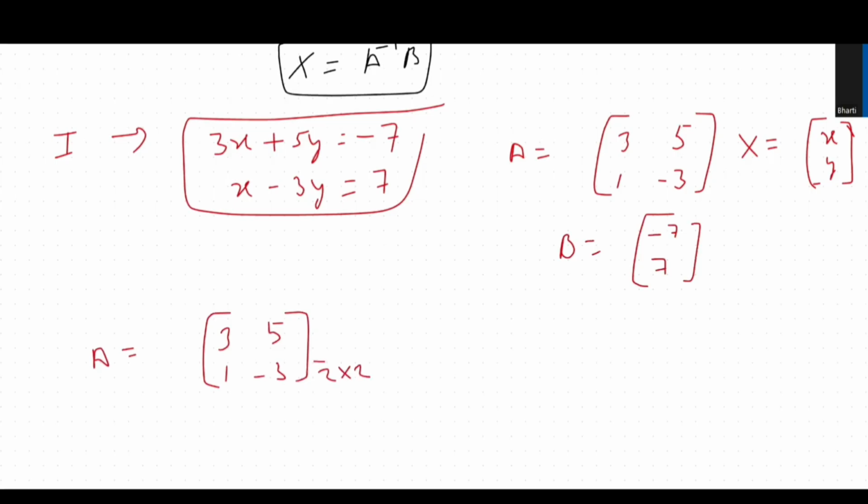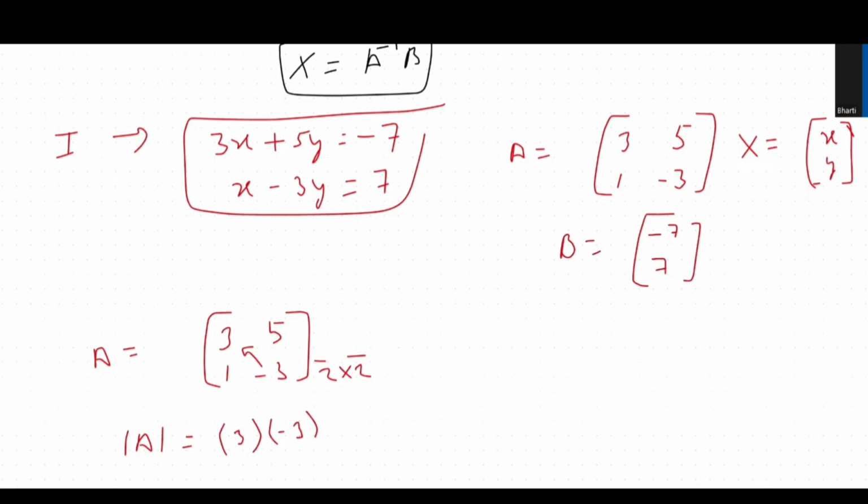So for this we need to find the determinant of A. We just need to multiply the fourth element with the first element, which is 3 into -3, and then subtract the multiplication of the second element with the third element. So it's like we have -9 and -5, which becomes -14.